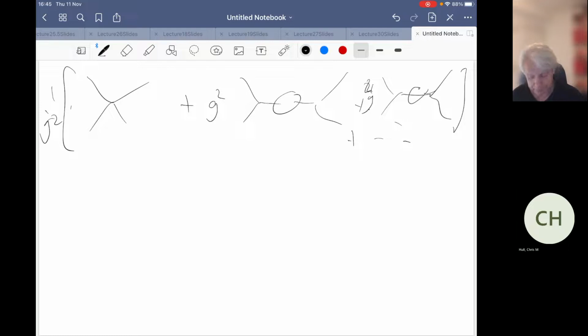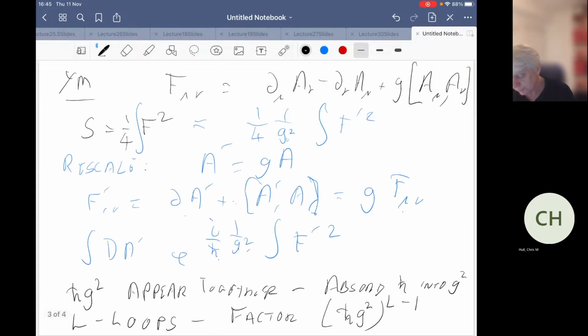And so that gives a standard picture for perturbation theory. I've just talked about the example of Yang-Mills. One could look at similar rescalings for the other fields, and one can rescale so that the coupling constant is outside.